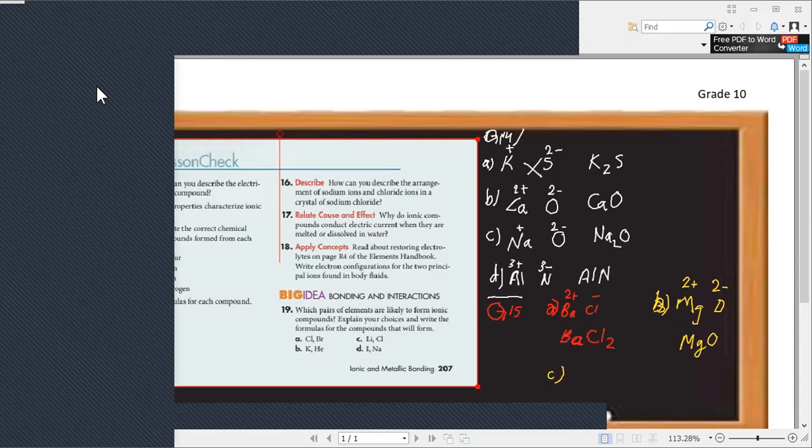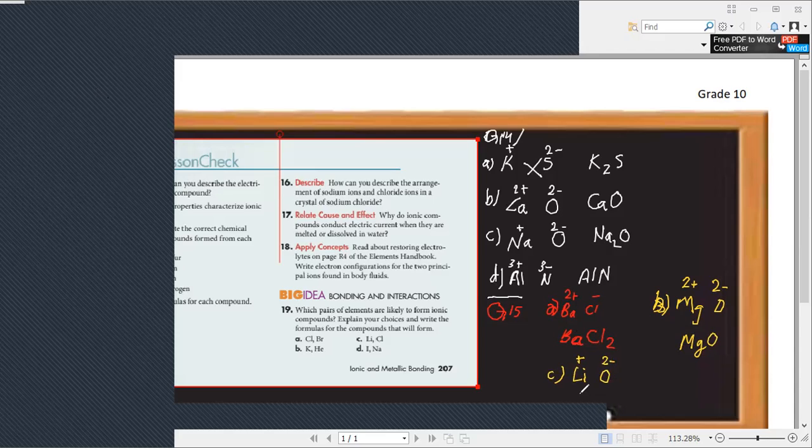Okay, Fahad. So we have lithium oxide. Lithium is Li, and it is in the first group, so +1. And oxide, oxygen is O in 6A, and it's -2.